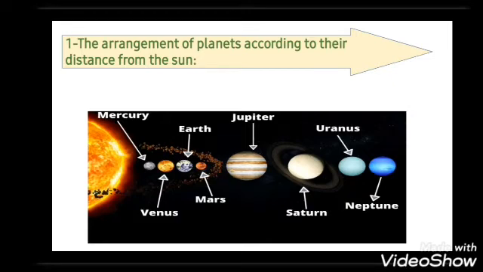We have to know the arrangement of planets according to their distance from the sun, from the nearest one to the farthest one.